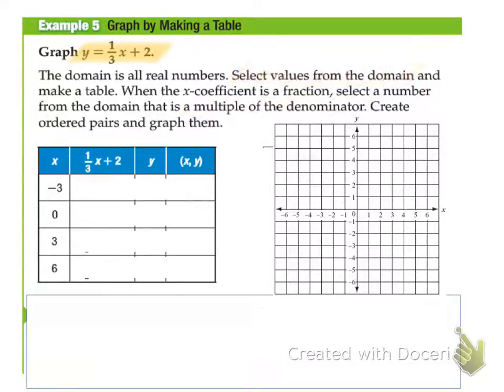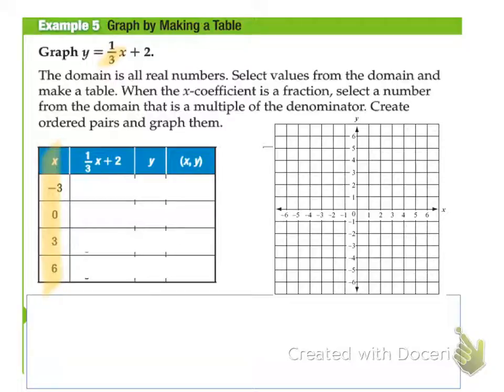Our denominator is 3, so our x values are multiples of 3. 0, 3, 6, 9, 12. Got to pick some negatives, some positives. By doing that, we are assuring that the points that we get on our graph will all be pretty positive, even numbers.